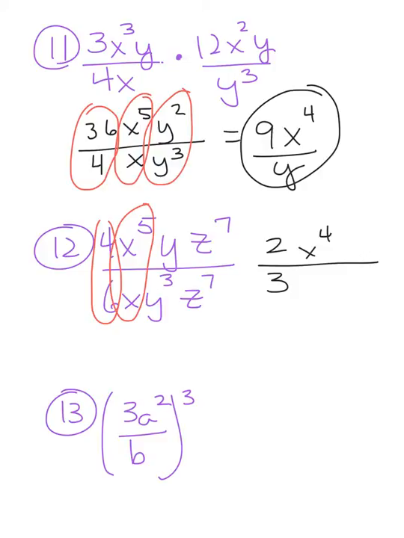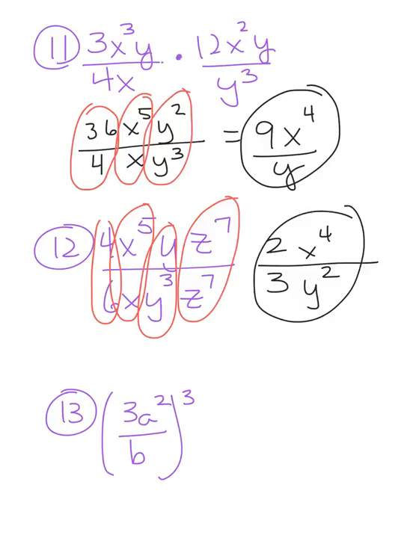When I look at my y's, I have y over y to the third, so I'm left with more y's on the bottom, so I have y to the second. And if I look at my last variables there, z, I have z to the seventh over z to the seventh, so that's going to just simplify to 1, so I don't need to write z at all. So my final answer is 2x to the fourth over 3y squared.